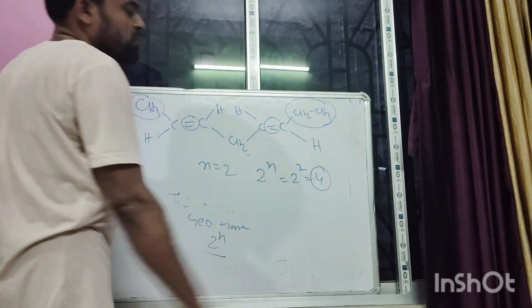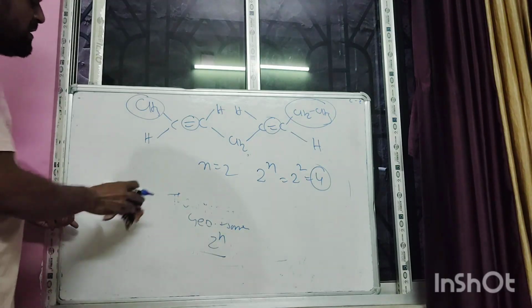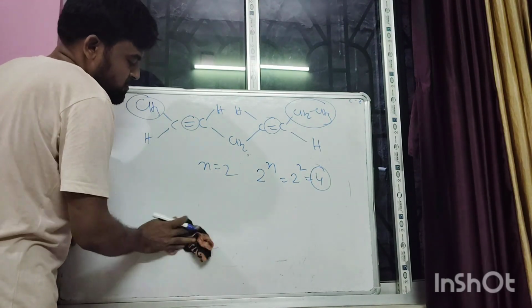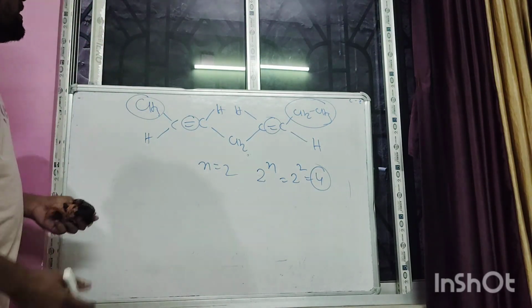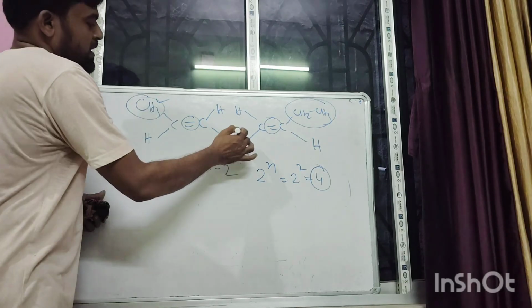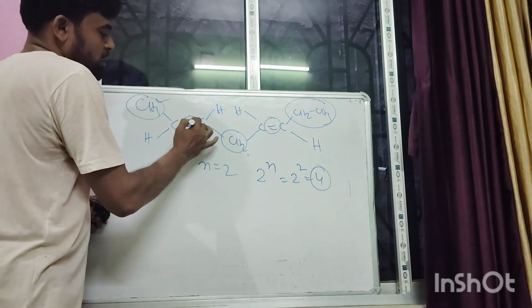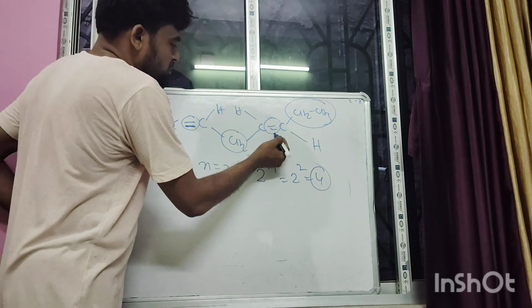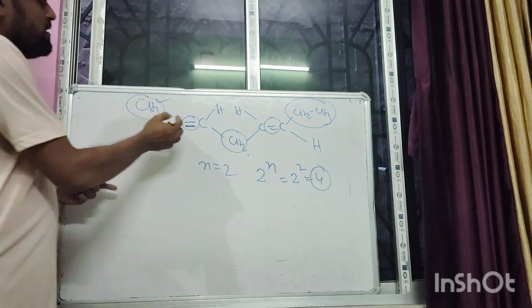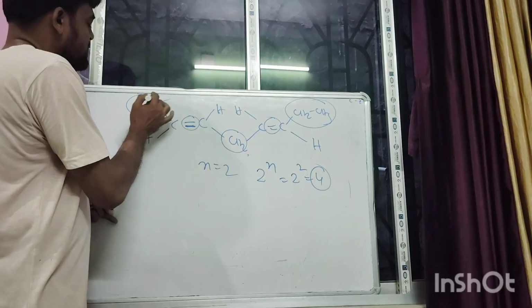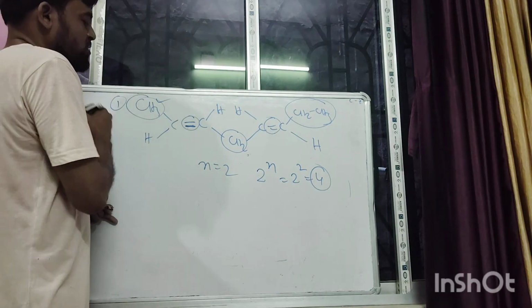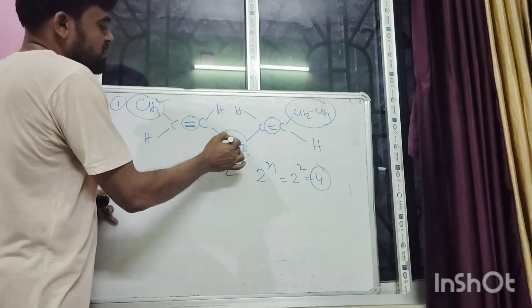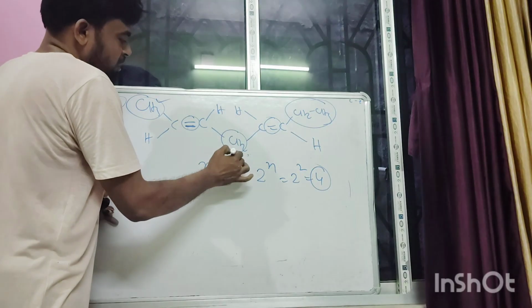Here 4 geometrical isomers are present. For one double bond you have to find out whether it is E or Z, and for the other double bond whether it is E or Z. In the case of this double bond, CH3 is priority 1, and between H and the CH2 group, CH2 is priority first.